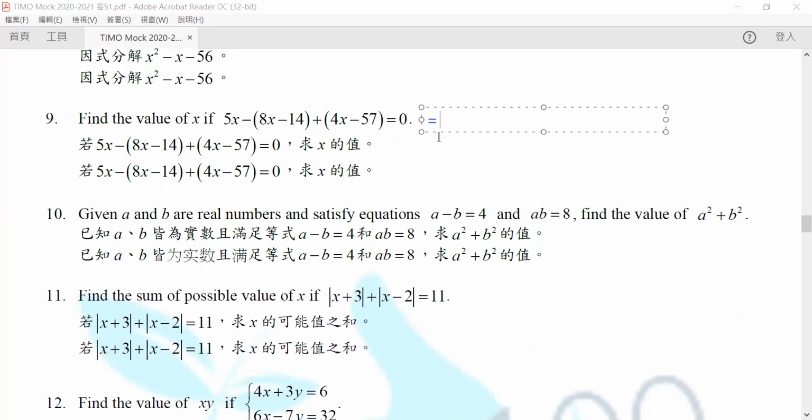So this is 5x, and then we have negative 8x. Since the negative of a negative is plus, it's plus 14, and then we have plus 4x, and then minus 37, which is equal to 0.